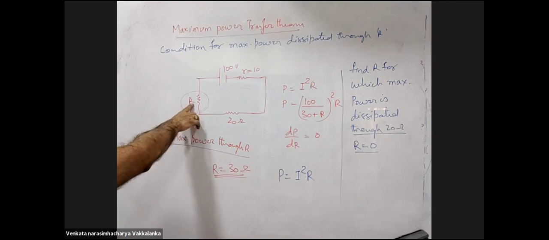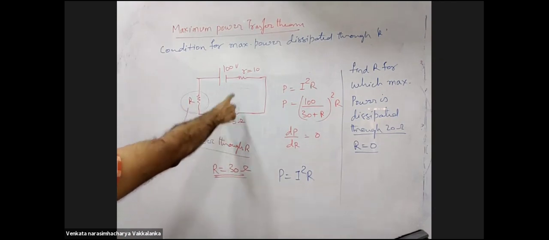When you are asking me maximum power through R, that happens when R is equal to 20 plus 10.